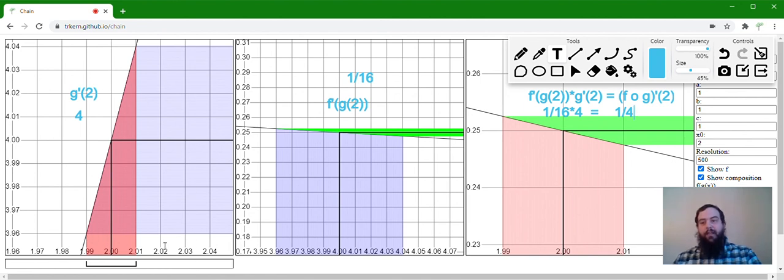Running through this function takes this error and multiplies it by 4. So maybe we were really certain, but now we're a little bit less certain about what value this number falls into. We have a wider range that we think the value falls into. And then we take this wider range and plug it into this other function, and then the size of that range gets multiplied by the derivative here, by negative 1/16.